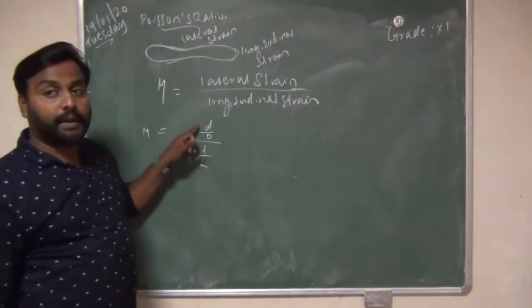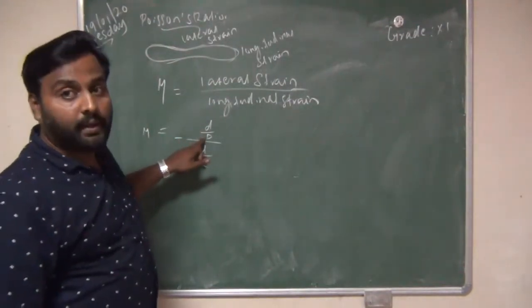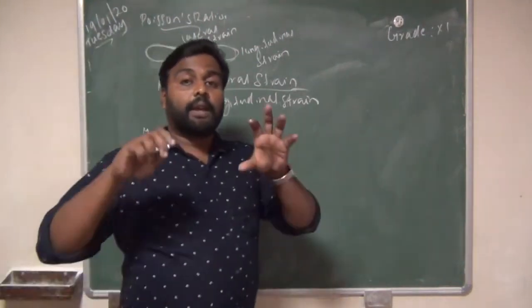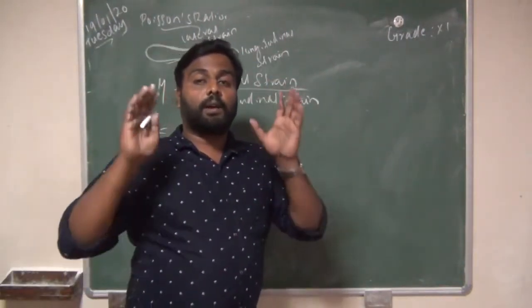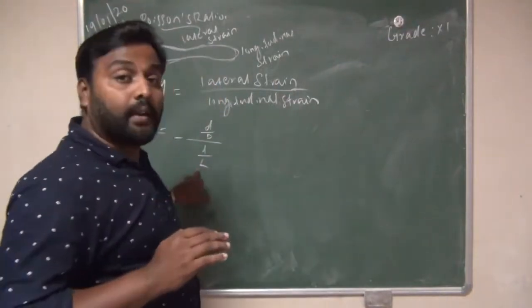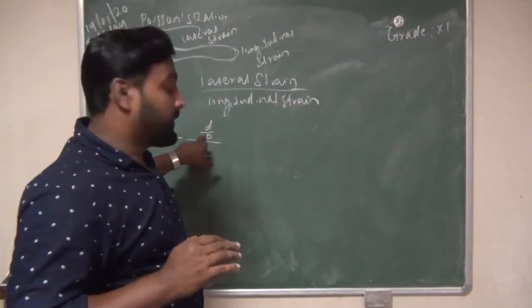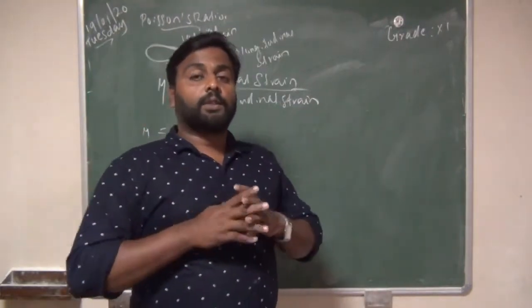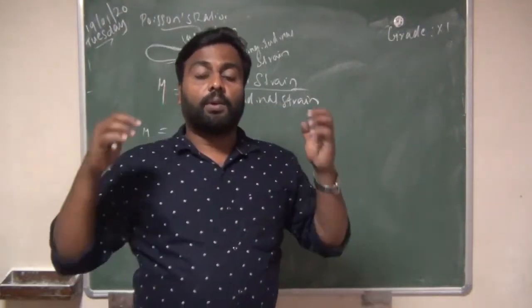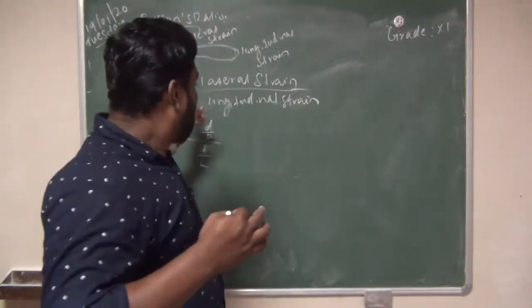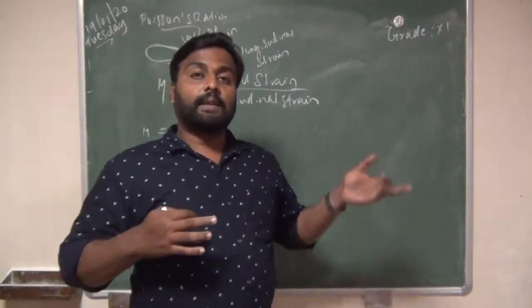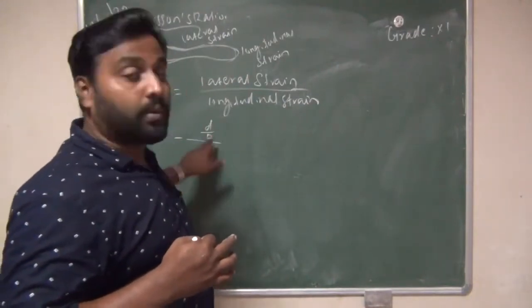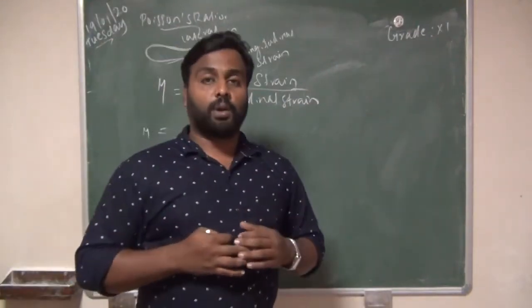What is this small d, and what is this capital D? Capital D and capital L are, for an unstretched wire, the original diameter and the original length. After you stretch the wire or the rubber band, its diameter changes, so for the diameter we use small d, and for the length we use small l.